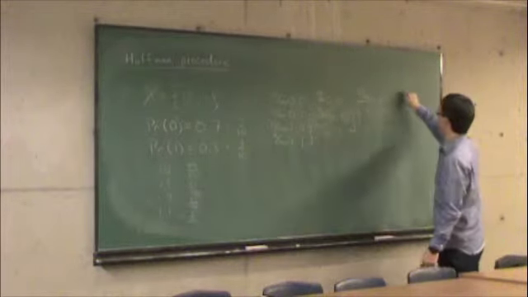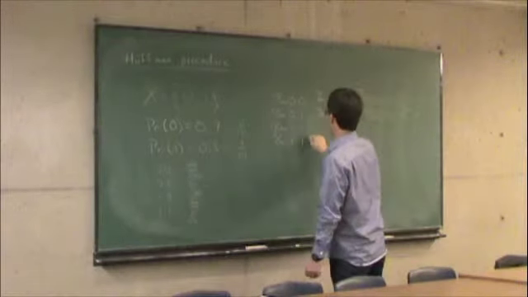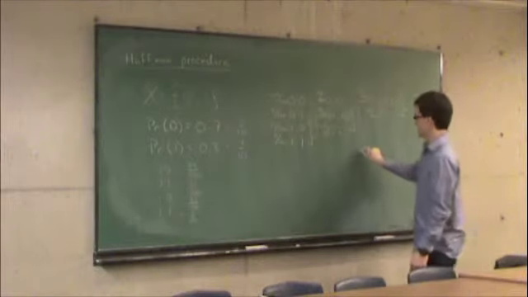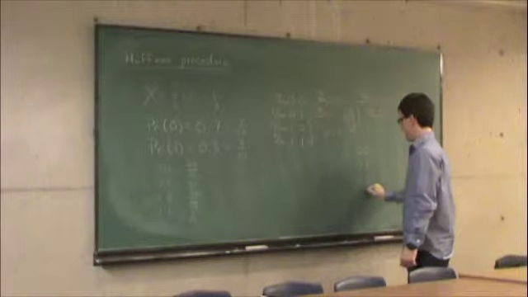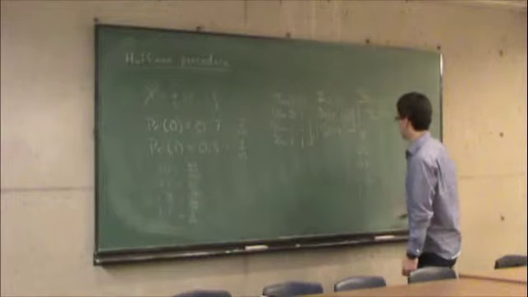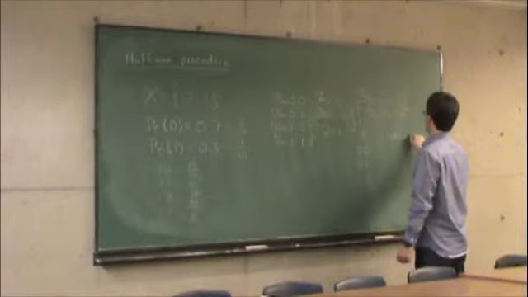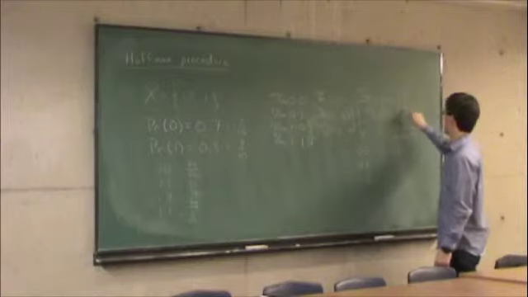So let's assign 0, 1, 0, 1, 0, 1. So to go from source to code word: source letters 0,0, I assign a 1.